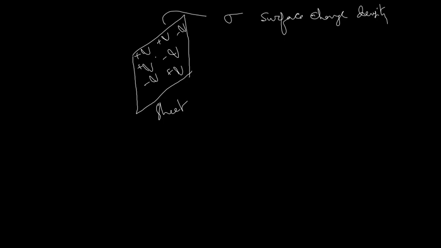For this sheet, he considers a cuboid kind of a surface around this. So this is the cuboid he is considering. This is the Gaussian surface.